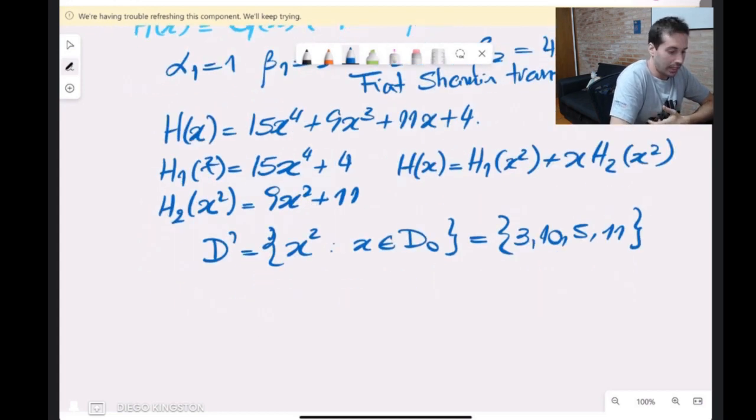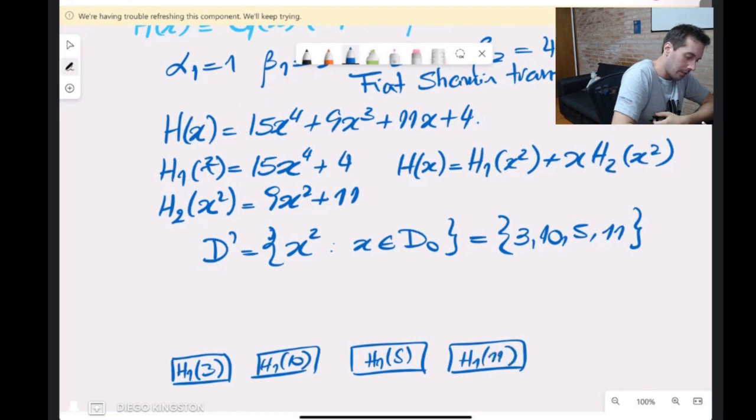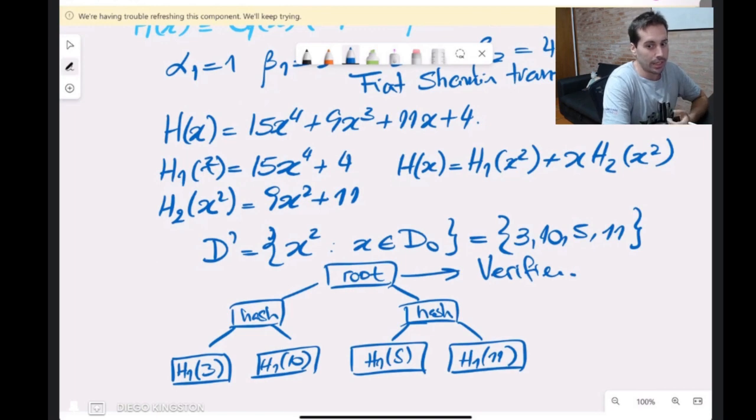And so what we do is, once again, we form our Merkle tree: h1 of 3, h1 of 10, h1 of 5, h1 of 11, and once again we hash taking two values, and then we get the root, and then we can send it to the verifier so that he knows we are not cheating.